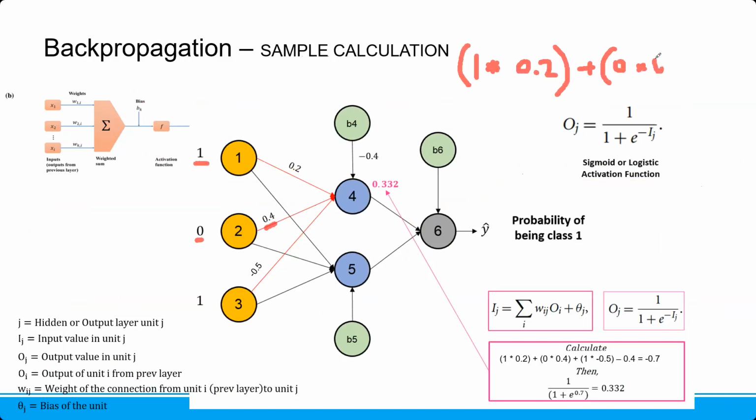Plus 1 multiplied by minus 0.1. Okay, so you can look at this formula.